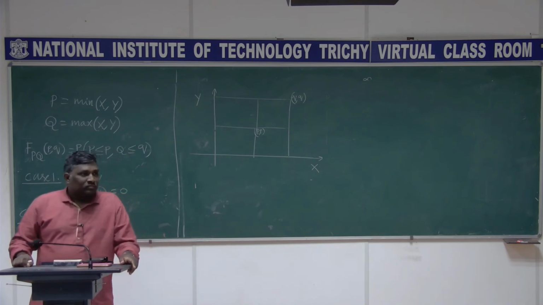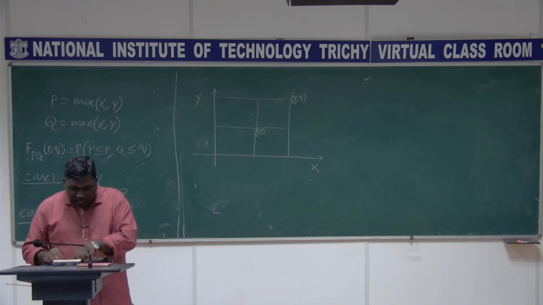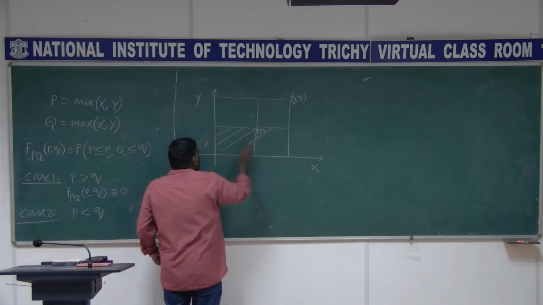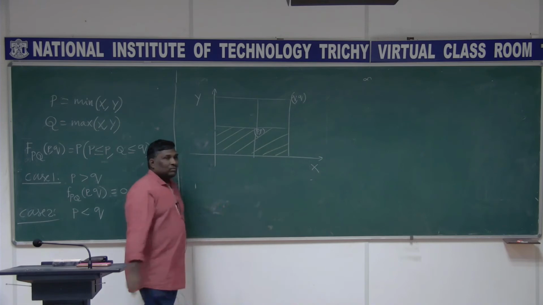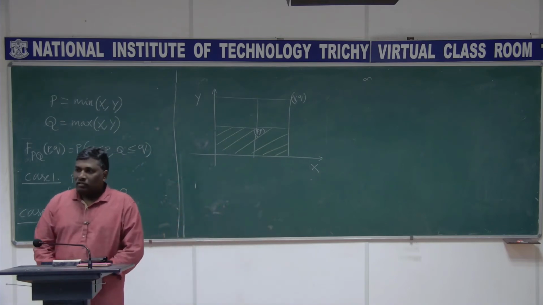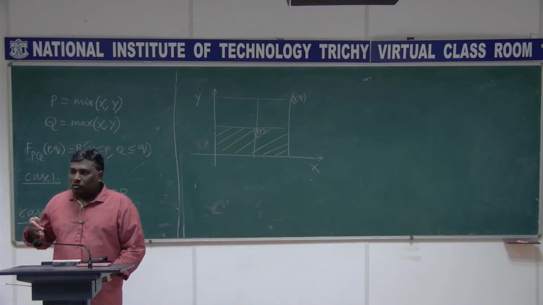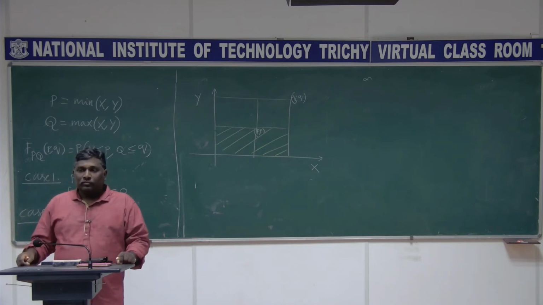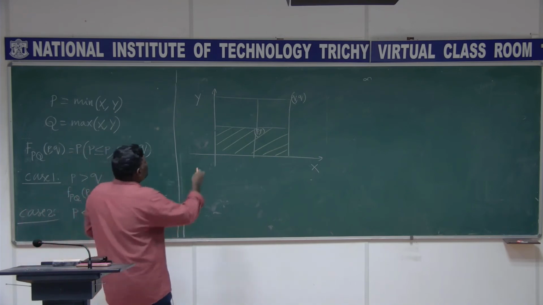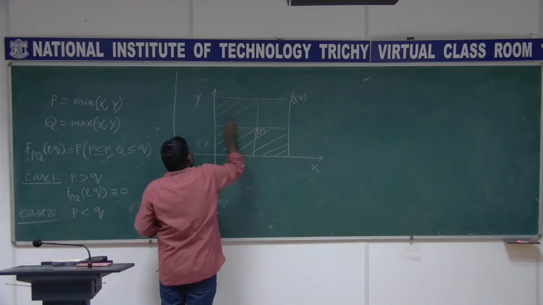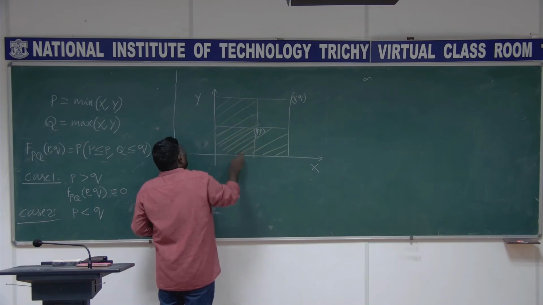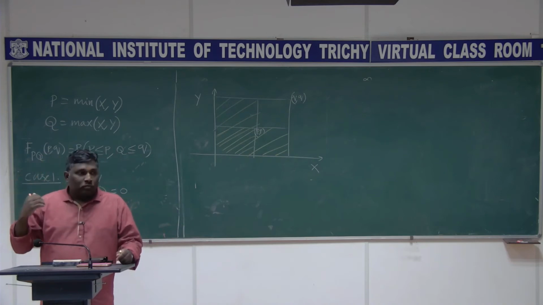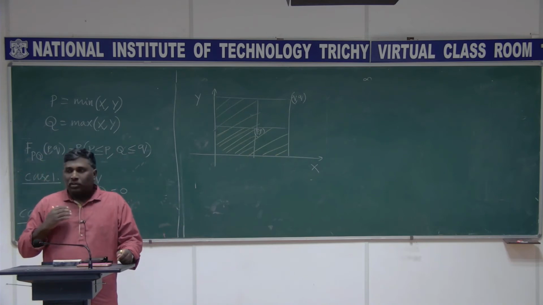So if I see these shades, this is one range, where X is less than or equal to q, Y is less than or equal to p. The other case is like this, where Y is less than or equal to q, X is less than or equal to p.